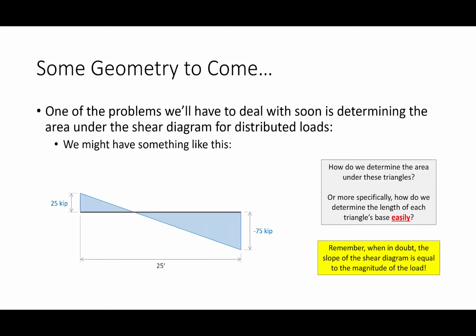So if I give you a shear diagram that goes from 25 kips to negative 75 kips, what's the area of this and the area of that? It's a very simple question, but I don't want that to inhibit the overall exercise. So I want to do this problem sort of on the side.